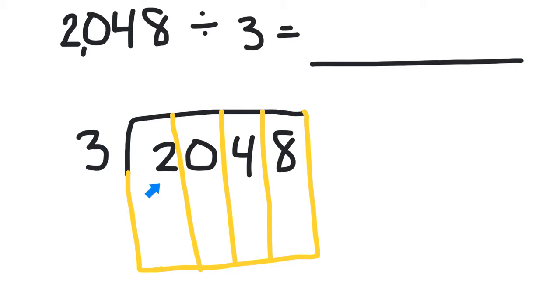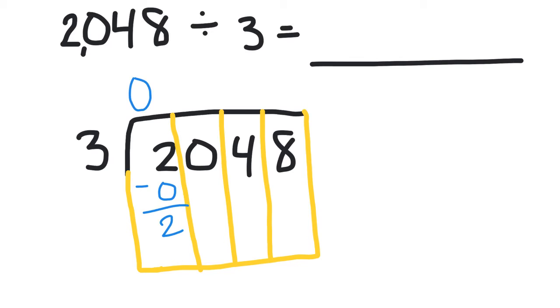Well, 3 does not fit into 2. So at the top of our box, we are going to write a 0 because it doesn't fit. We will take 0 3s away, and we're left with 2.